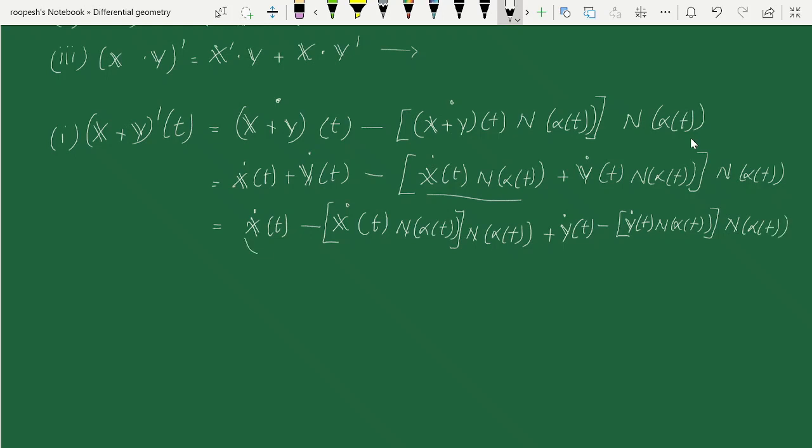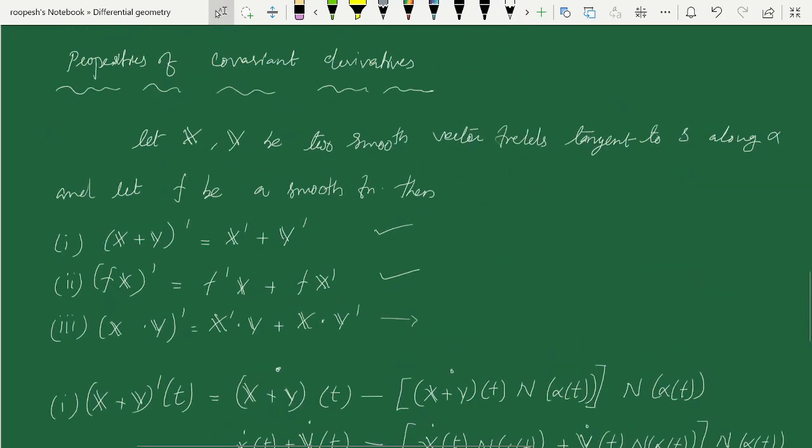Now by definition, the first reduces to X dash of t, and similarly the second reduces to Y dash of t. So this is equal to X dash of t plus Y dash of t. So we have proved the first one.